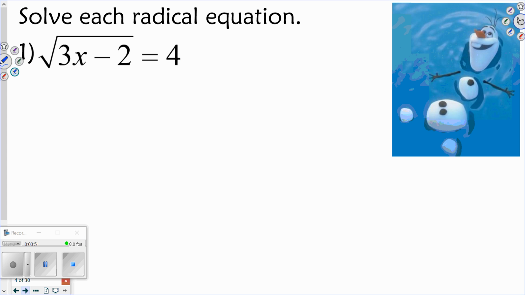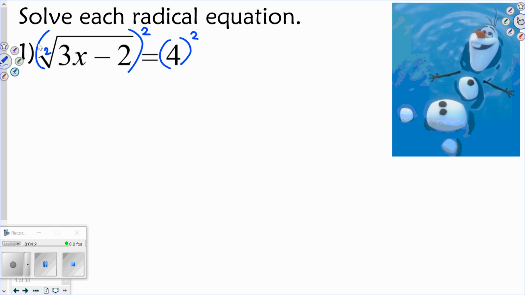All right, solve each radical equation. Is your radical isolated? Yep, it's totally by itself. What is the index here? It's 2. So how do you undo a square root? You square it. And if I square this side, I have to square the other side. What happens to my square root and my square on the left side?